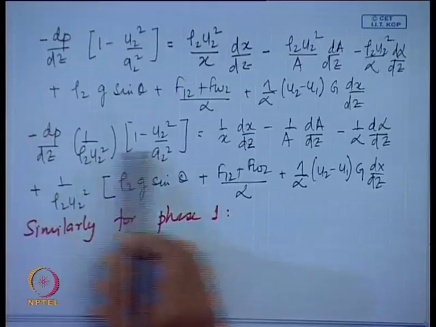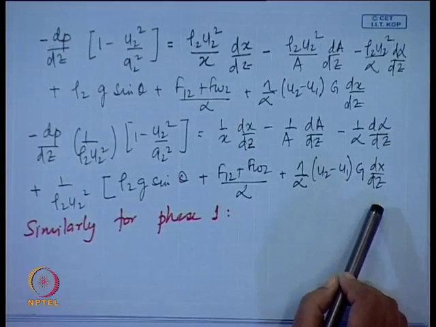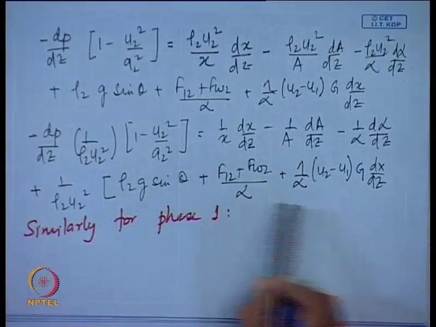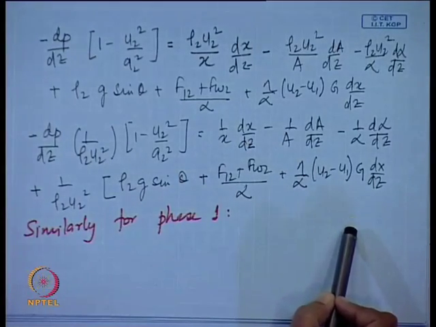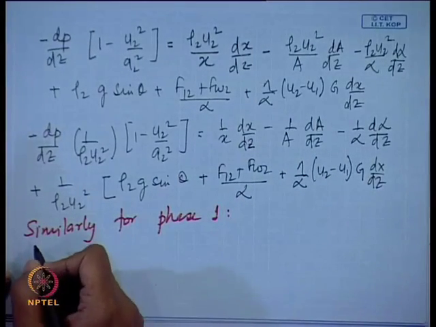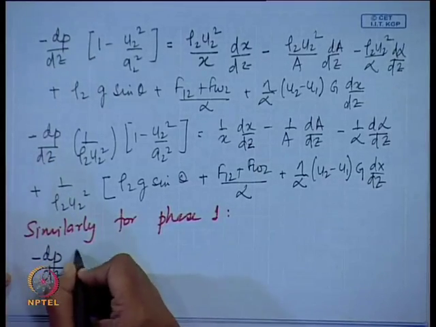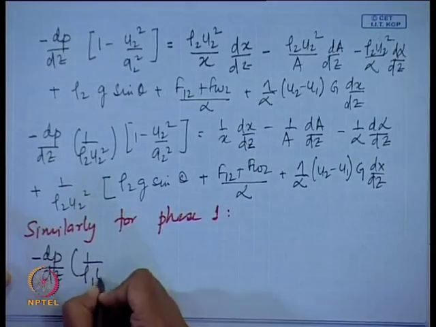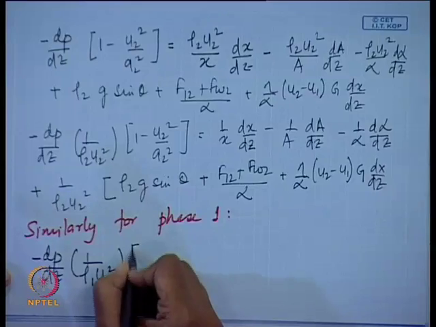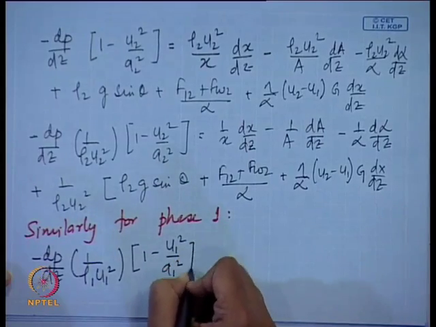If you follow what we had done till the last class, you will find that we finally arrived at a momentum equation for phase 2. In the same way, we can write down a momentum equation for phase 1 as well. Just write it down, let us see what you get in this particular case. Same thing, we get minus dp dz, 1 by rho 1 u1 square, 1 minus u1 square by a1.